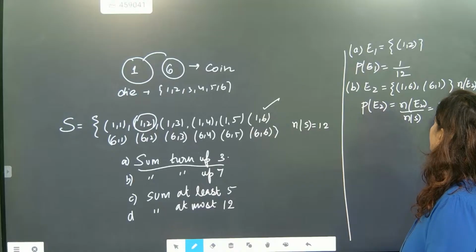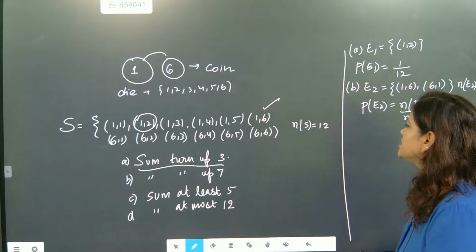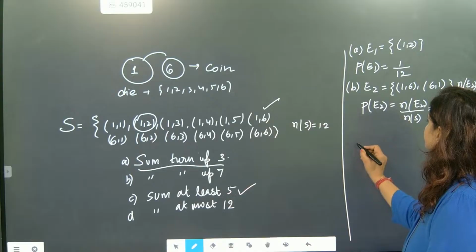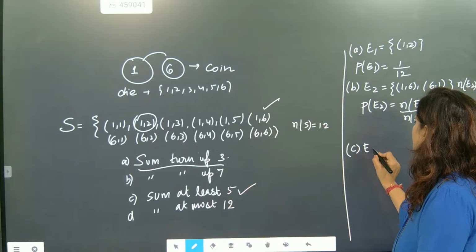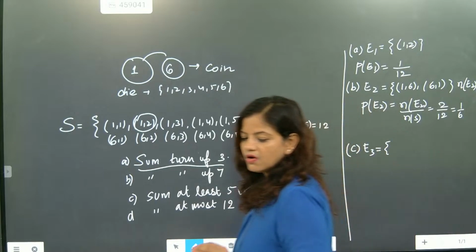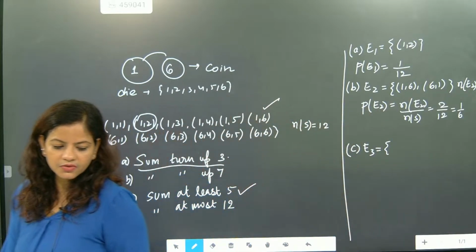So it is 2 by 12, which is 1 by 6. Absolutely correct.